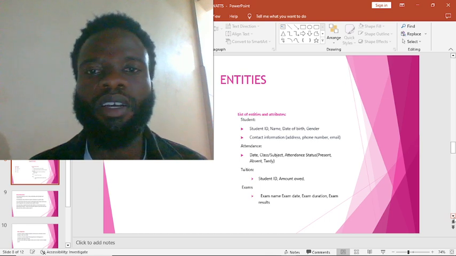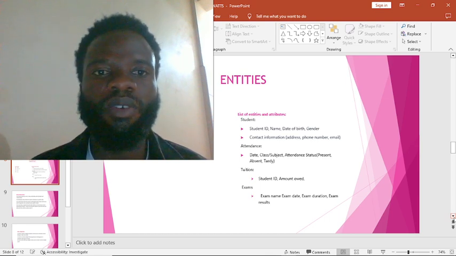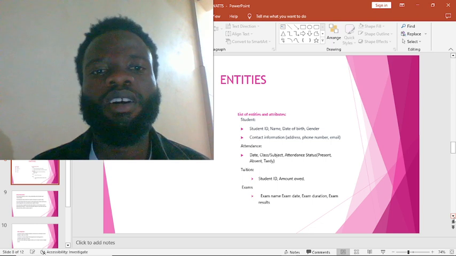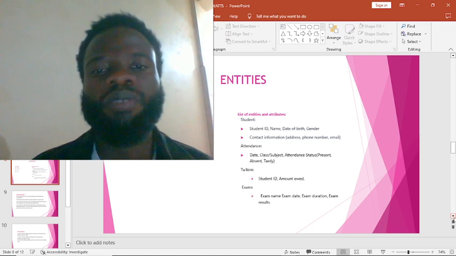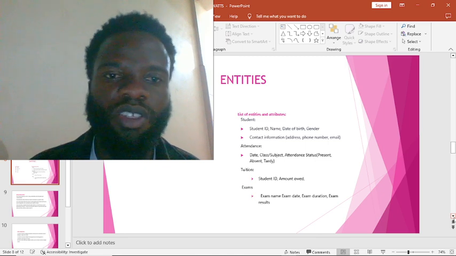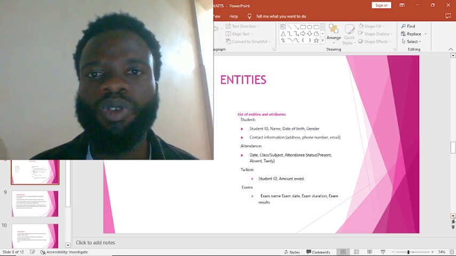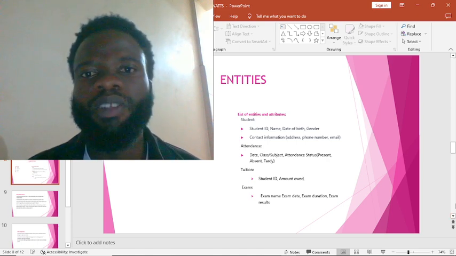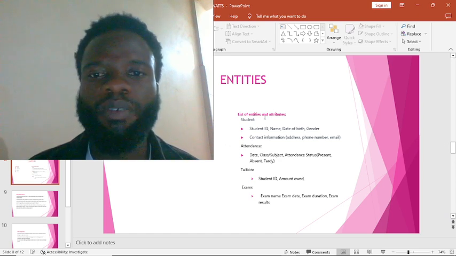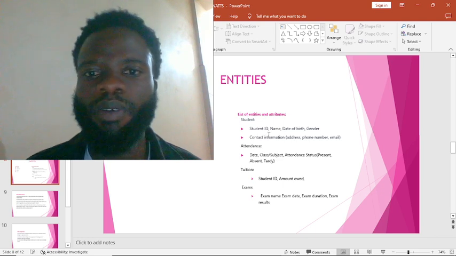Go ahead. Here come the lists of entities, for example, students, attendance, tuitions, and exams. These are the entities I used in creating tables using my SQL interface or commands. The student table will have the student ID, which will be the primary key.